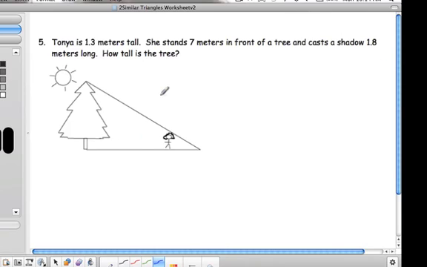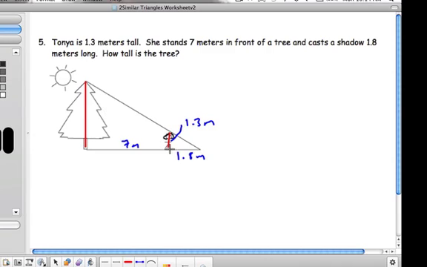Now this question caused people a little bit of problem, but you had to go by the diagram. She's standing 7 meters in front of the tree, so this is 7 meters. Okay, her shadow is 1.8 meters long. We're told that she is 1.3 meters tall, and so our right triangle or our triangles. Here's the height of the tree, and that's what we're trying to find.